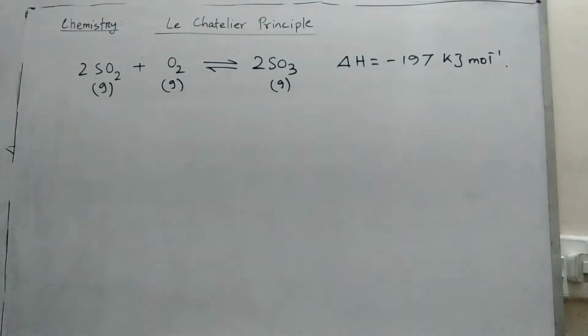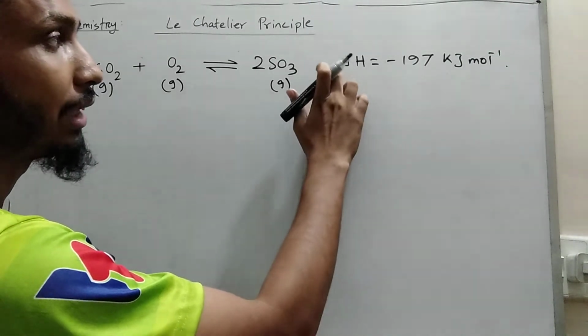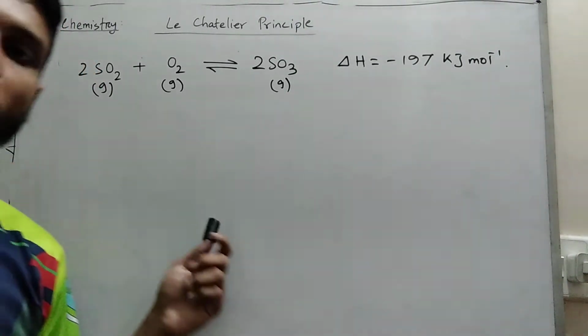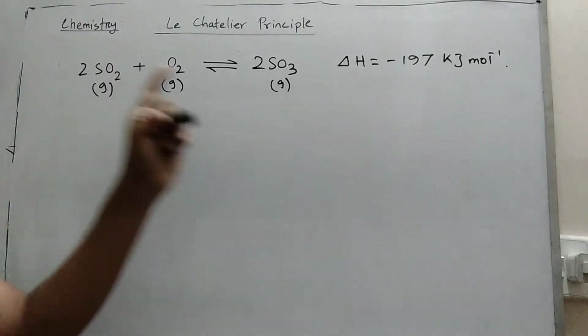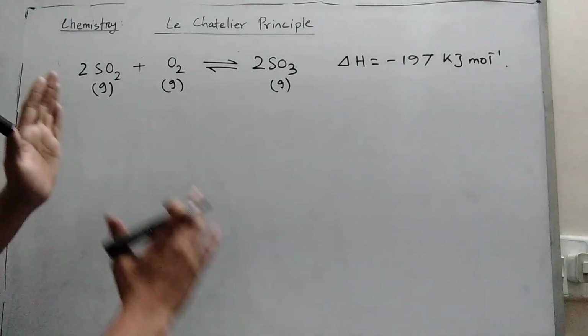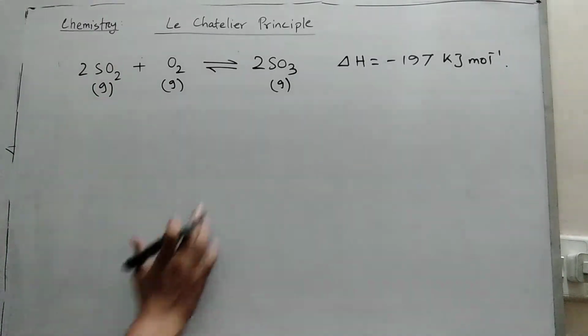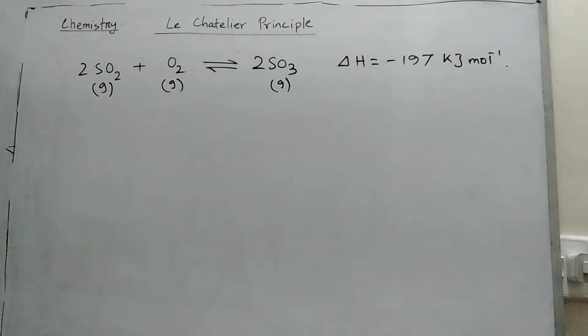Now, the enthalpy change that is given here is always the enthalpy change of the forward reaction. The forward reaction is from left to right. The backward reaction is from right to left.